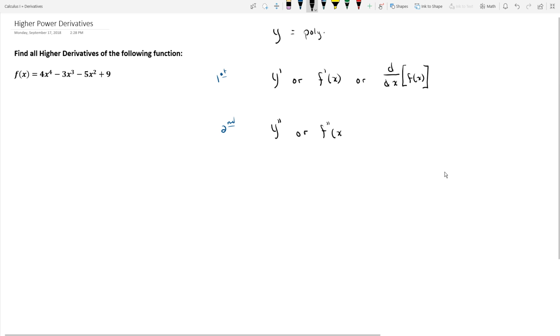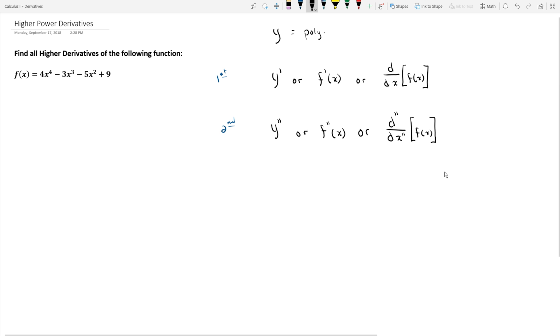And so that's take it down to the second derivative, or we would write this as d to the second over dx, and then again we do the same thing here. So that's take the second derivative with respect to x of that function f of x.